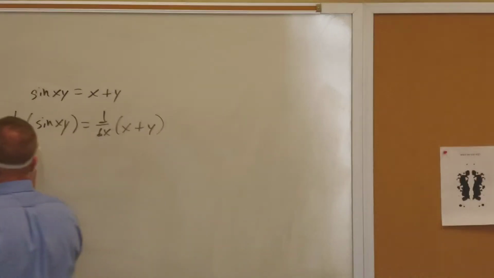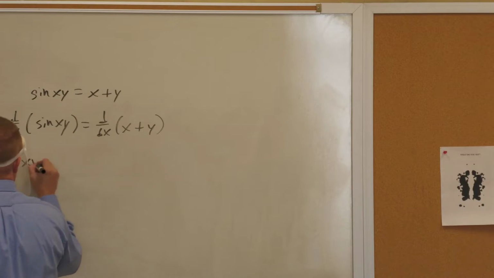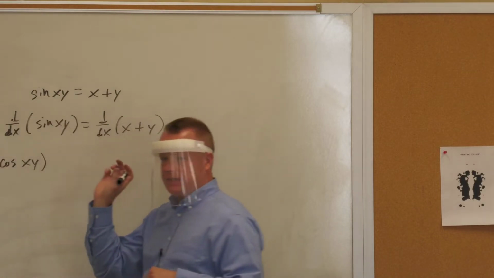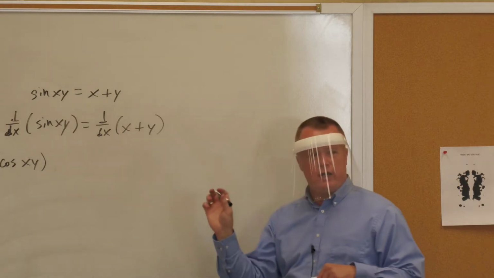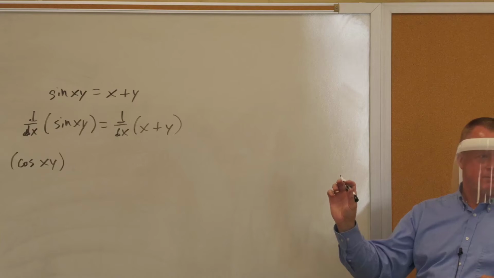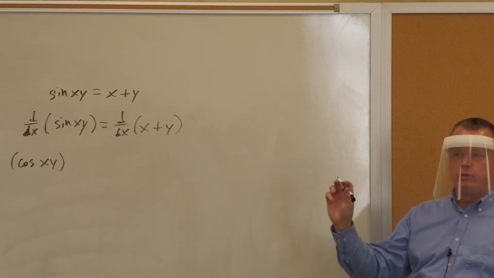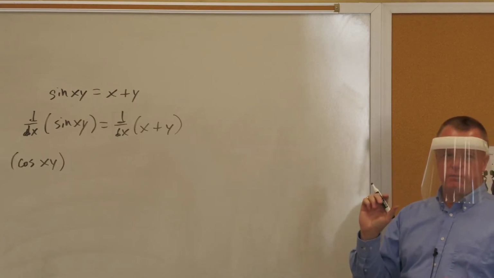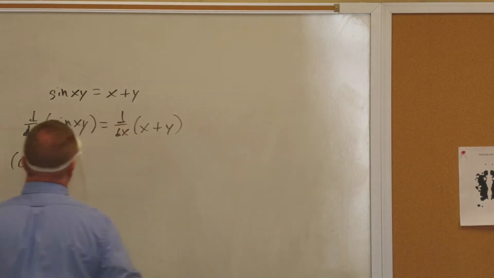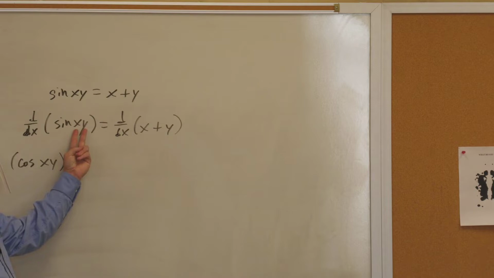So I have cosine xy. Then I multiply that times the derivative of the inside. The inside is x times y. So on the inside, I have a product. So I've used the product rule to differentiate x times y. Okay. So I'm going to multiply that times the derivative of xy.